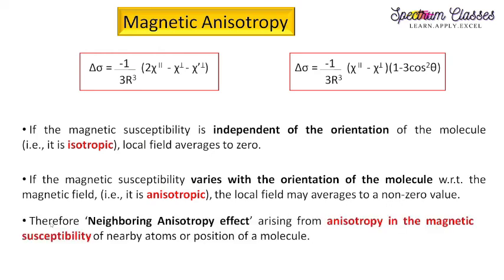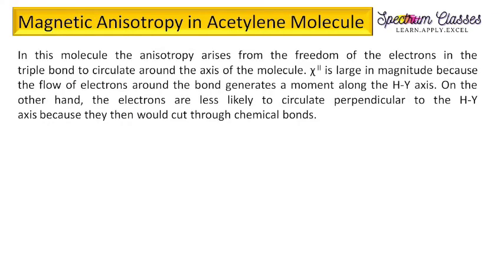What inference have we made? The neighboring anisotropic effect arises from anisotropy in the magnetic susceptibility of nearby atoms or portions of the molecule. This is the theoretical interpretation of magnetic anisotropy. Now I explain this with the example of the acetylene molecule.